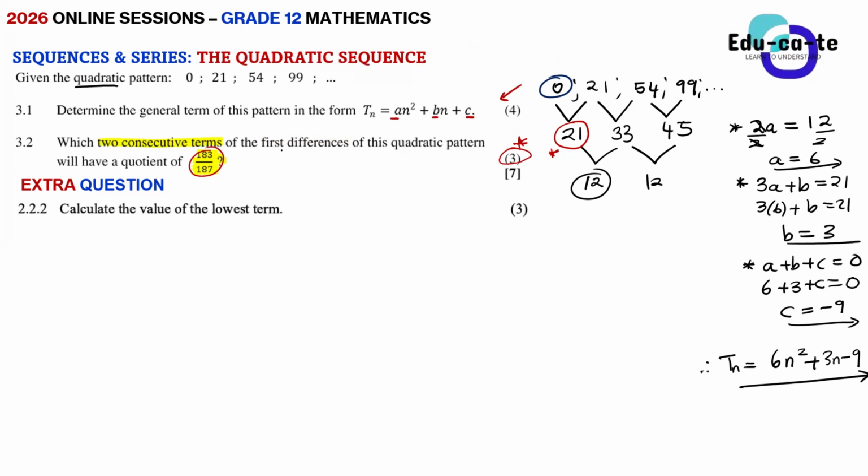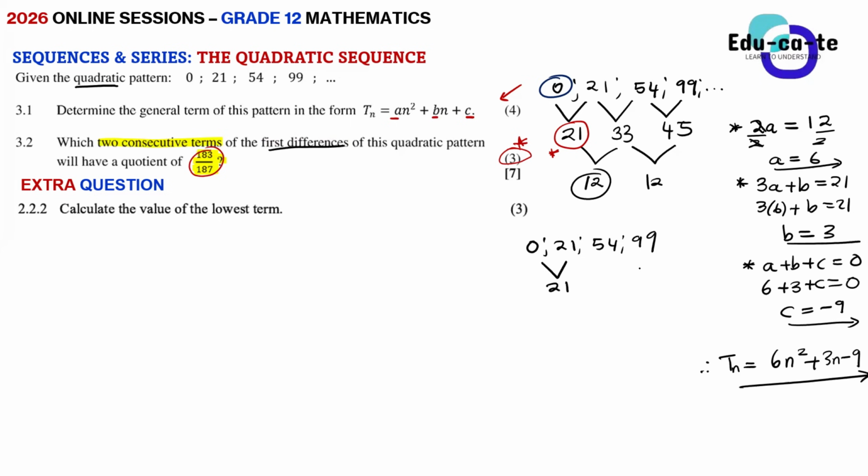To make it simpler for you, I'll write the first differences like this so that you can see. I've got 0, 21, 54, 99. Then the first differences are 21, 33, 45.